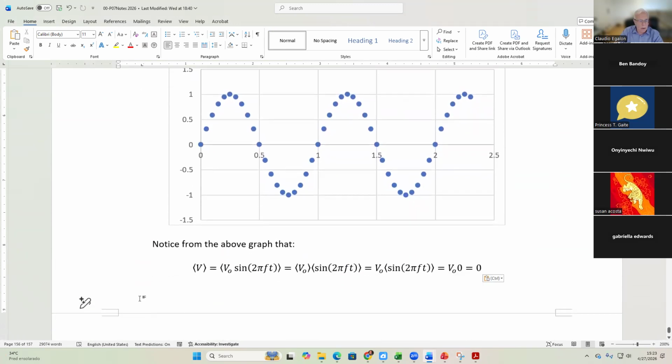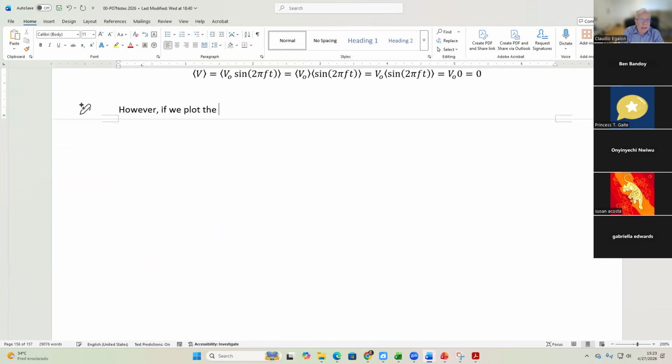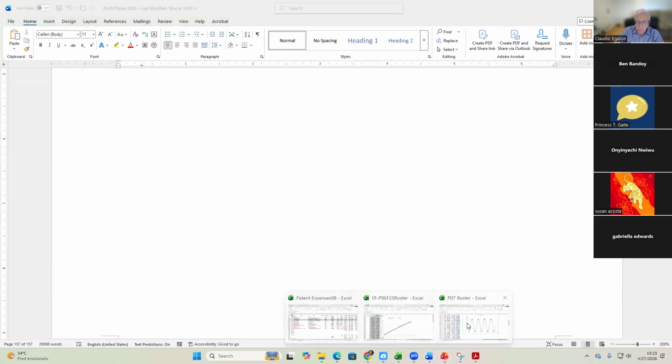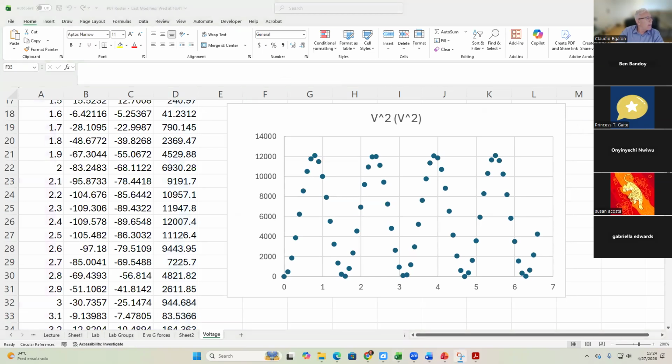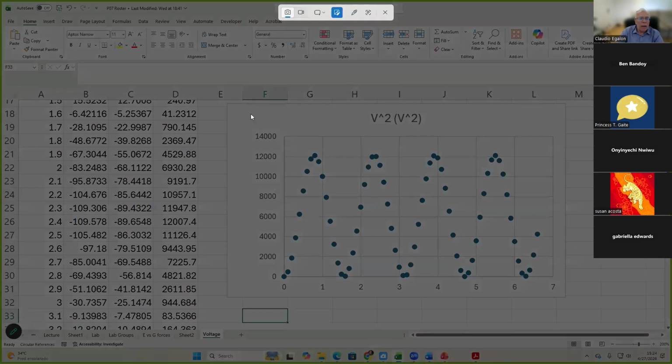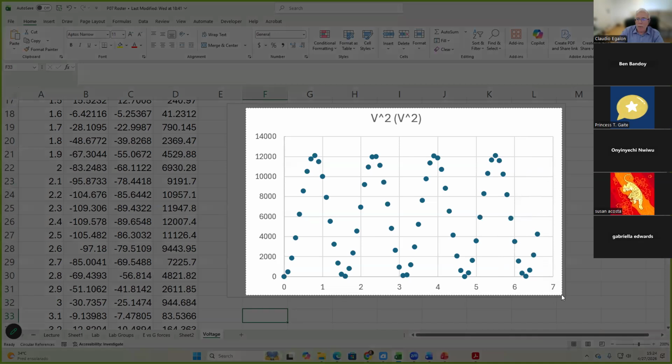However, if we plot the square of the function, we get non-zero values, like this one here. Let's snip again. V squared versus t.